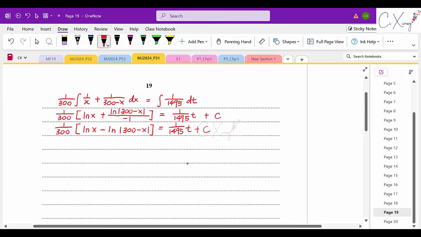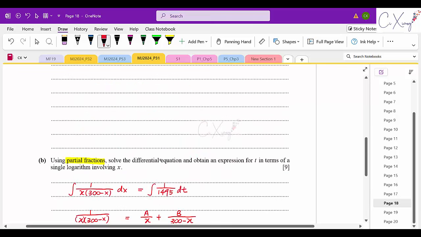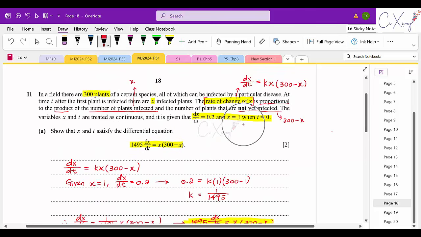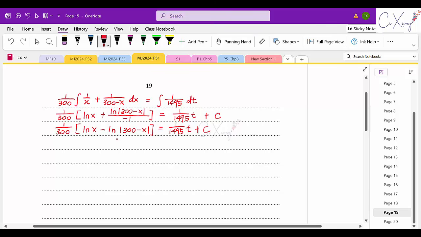I will need to refer back to the original information given in the question. On top of the question here, they provide us with this value: when x equals 1, t equals 0. So I'm going to apply it here so that I can find the constant value for c.